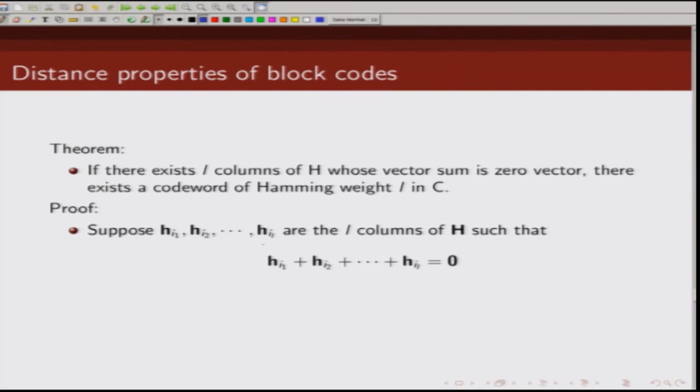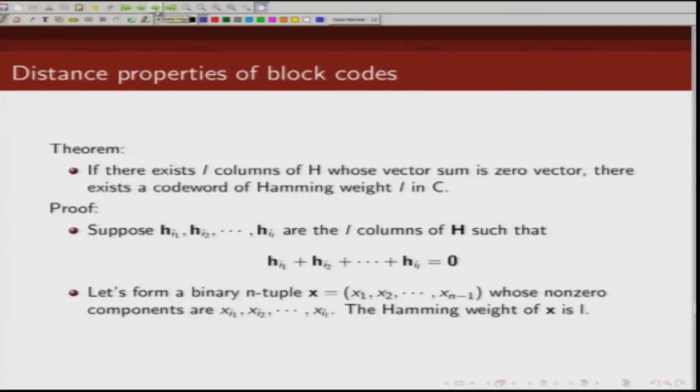Then we have Hi1 plus Hi2 plus Hi3 up to HiL is going to be 0. Now, let us consider an n-tuple, we denote it by x, whose non-zero components are given by xi1, xi2 up to xiL. In other words, at L locations, this n-tuple is non-zero.